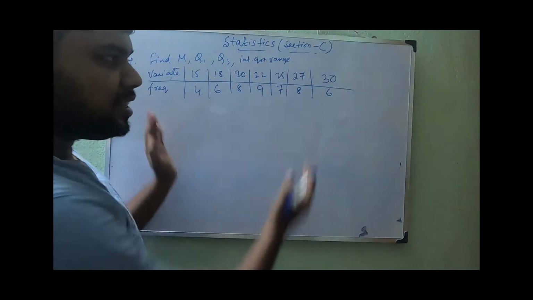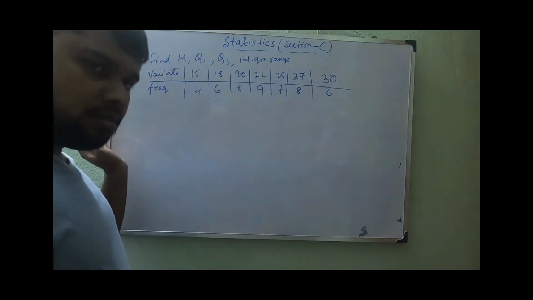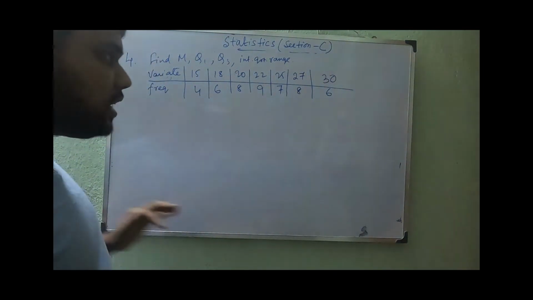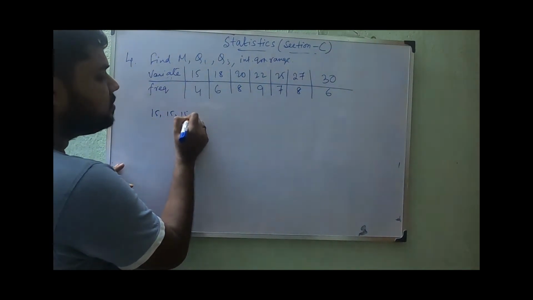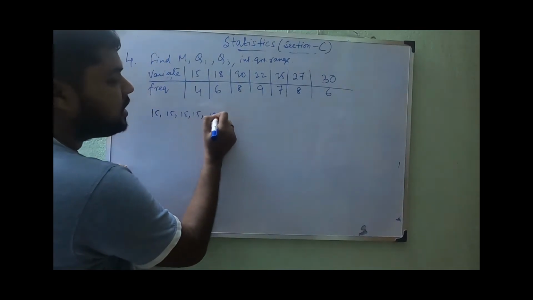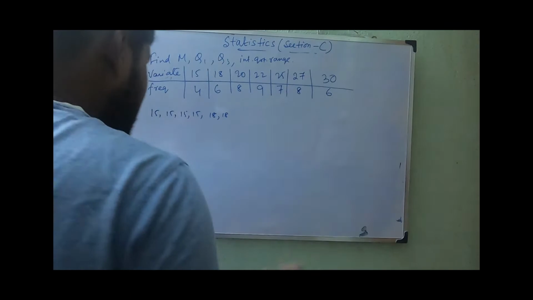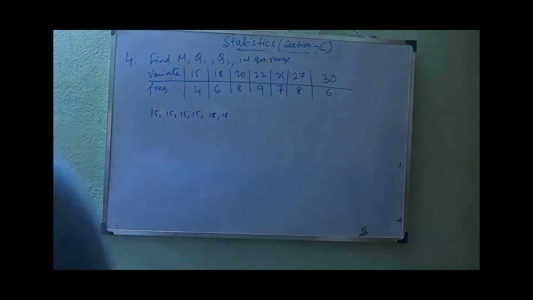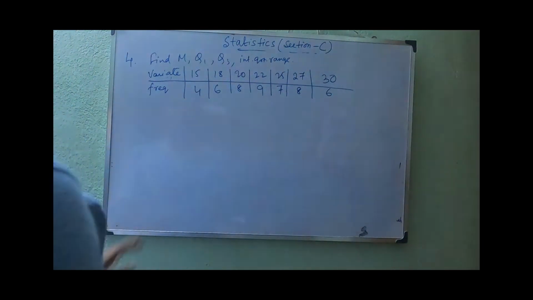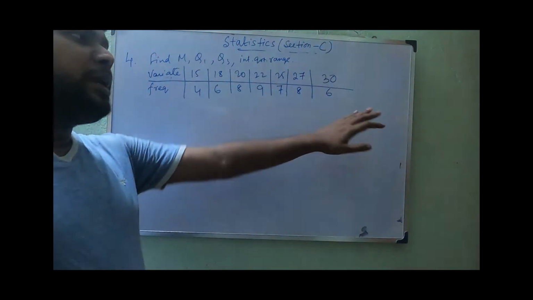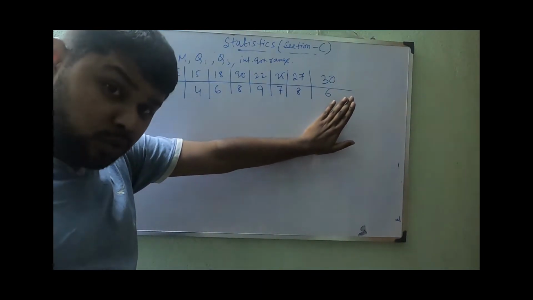So we have written it in a condensed form. If we would have written this in a normal form, I would have had to write 15, 15, 15, 15, then 18, 18, 6 times, like that. So it would have become very cumbersome. So just to help us out in writing it in a better way, we have written it like this. So this is still an ungrouped data. This is not a group data.